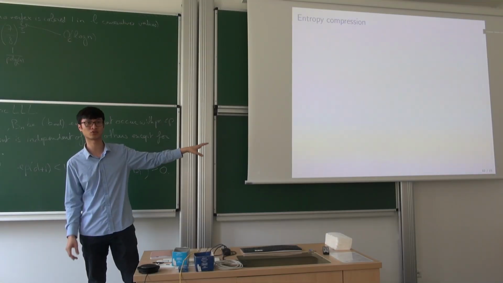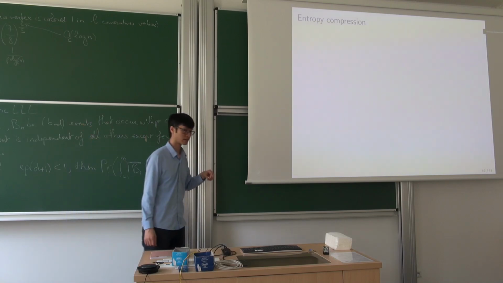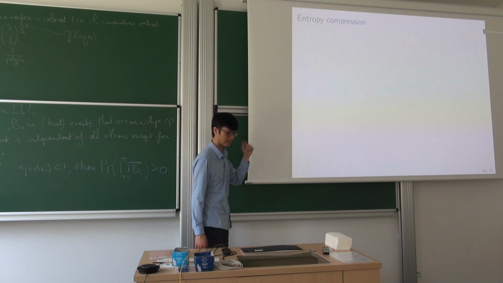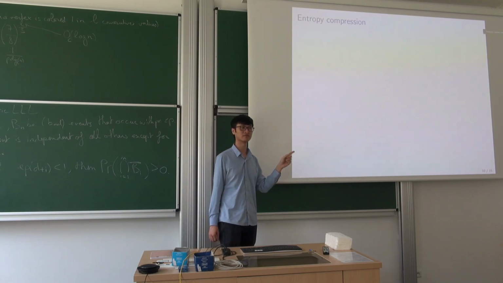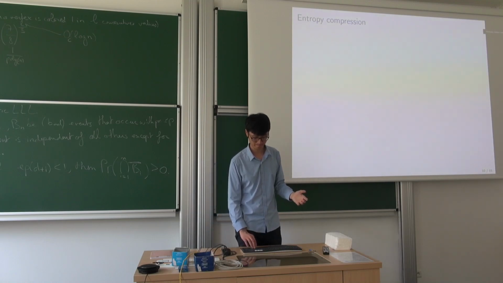But nowadays, we think about entropy compression as a different class of algorithms, very similar to algorithmic LLL, but nonetheless different. And it works at least as well, and most of the time, actually better. So what is entropy compression?